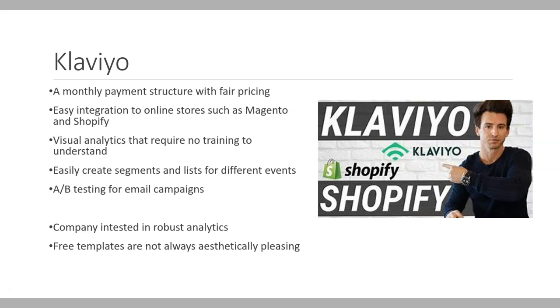They're very visually oriented. They require no training to understand. You also have a lot of flexibility with your lists. You can create segments and lists for different kinds of events. As I mentioned before, A/B testing, critical for being able to evaluate and test your emails, is embedded in this product as well.